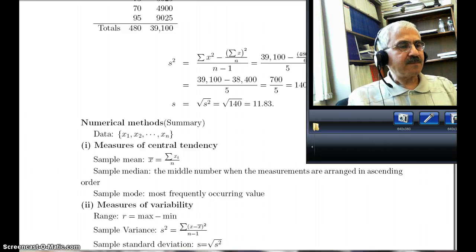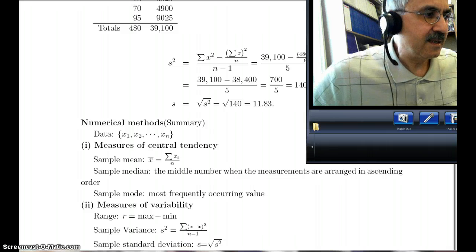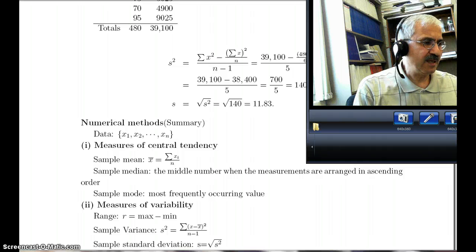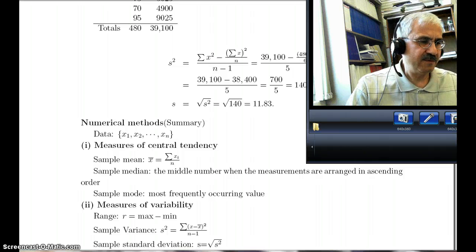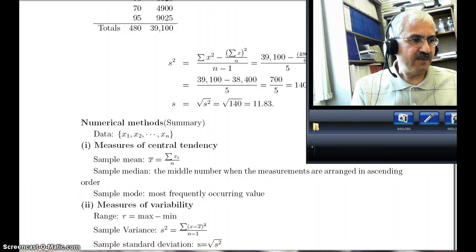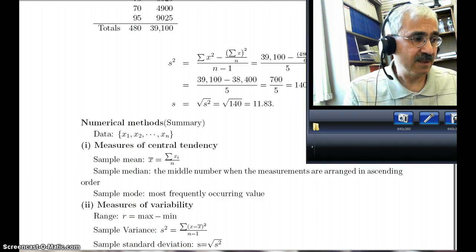Yeah, in the last two videos we talked about measures of central tendency and measures of variability, and before that we talked about summarizing data graphically. So now we have all the pieces together. If we have a data set and we want to summarize it, first we do a histogram and find out the shape of the distribution, whether it's bell-shaped or not.